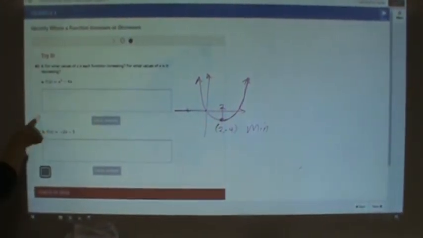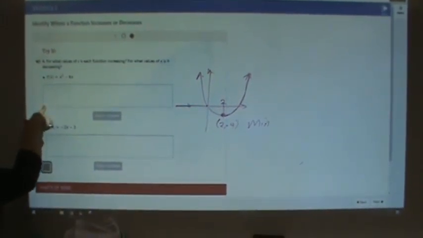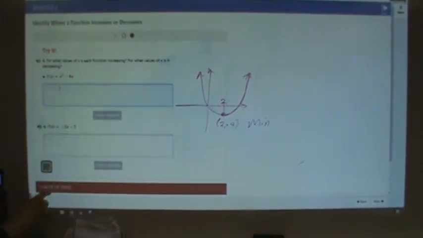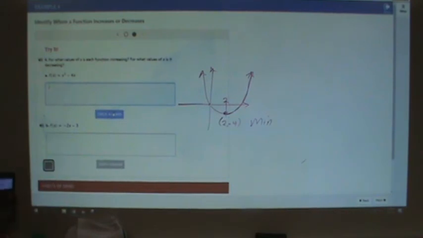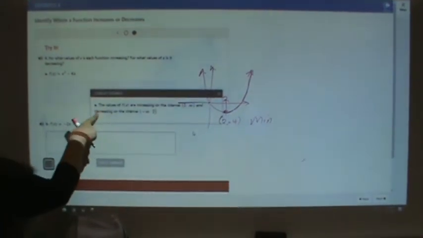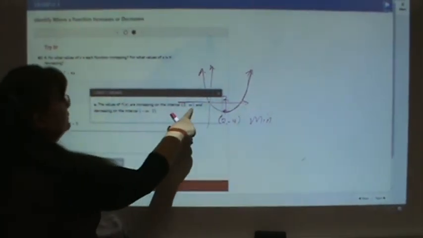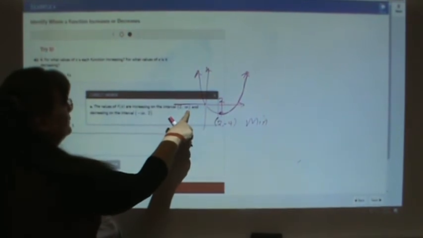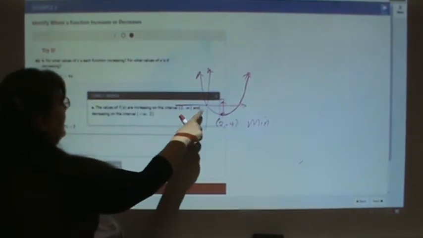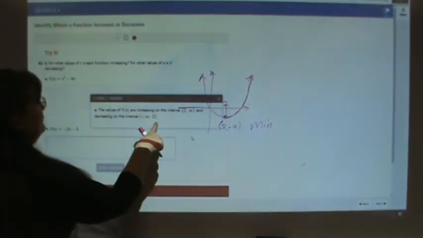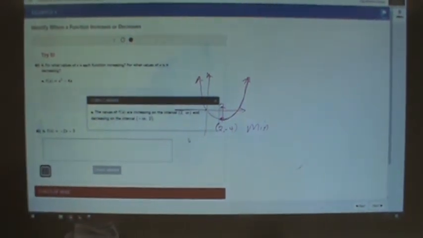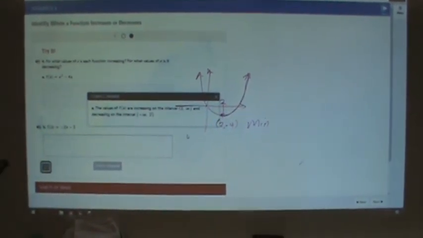All right? So go ahead and put a period in there and hit check answer. Okay, so your answer should look like this. Values of x are increasing from 2 to infinity, and decreasing from negative infinity to 2. Right, and then we'll let you do B on your own.